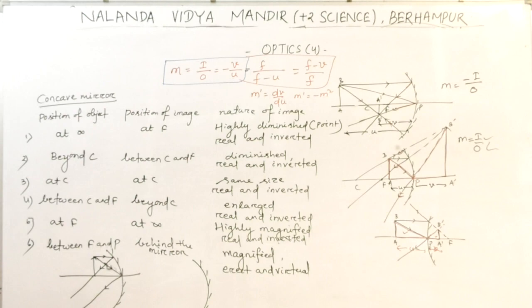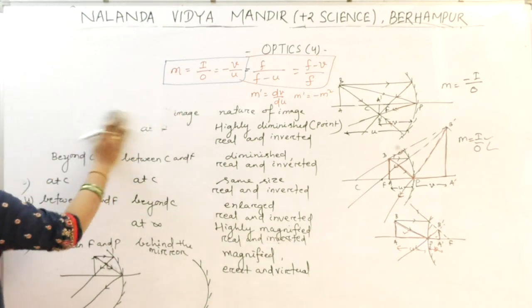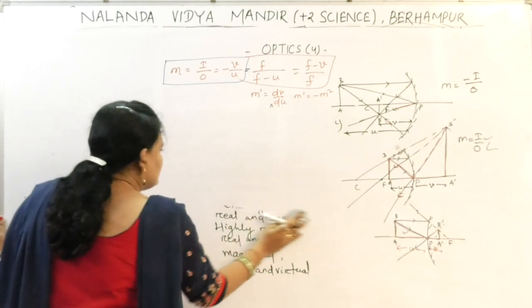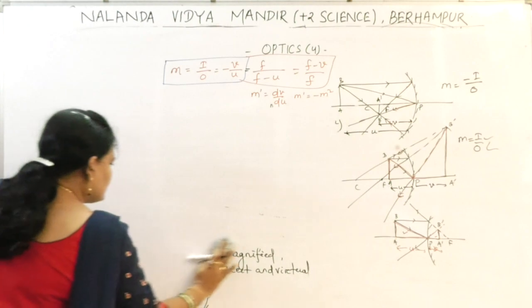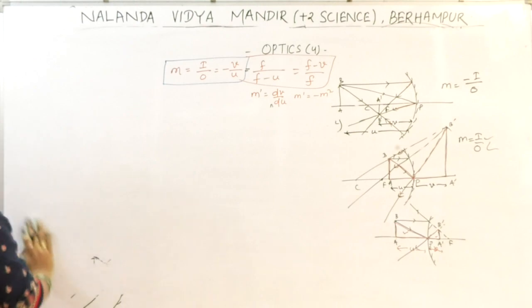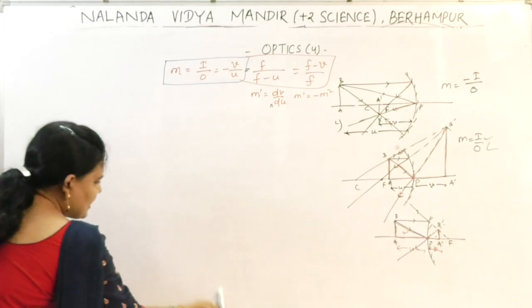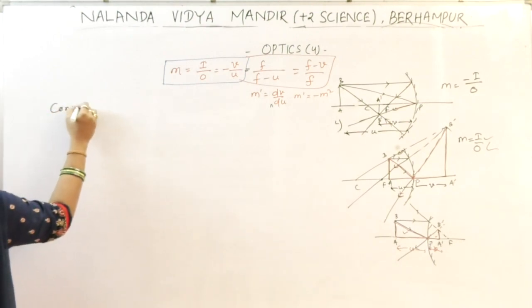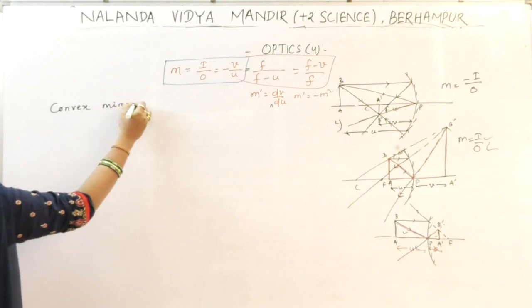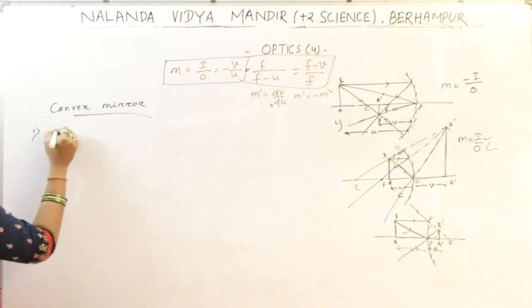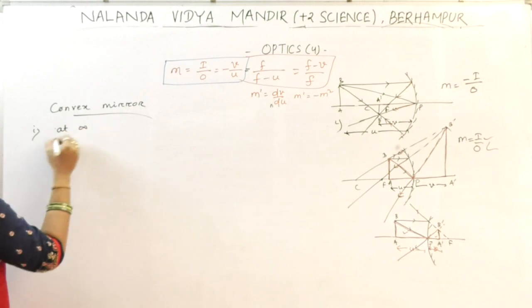Next, what will happen in the case of a convex mirror? For the convex mirror, wherever the object is kept, the image formed is always virtual. Convex mirror. One, object at infinity.